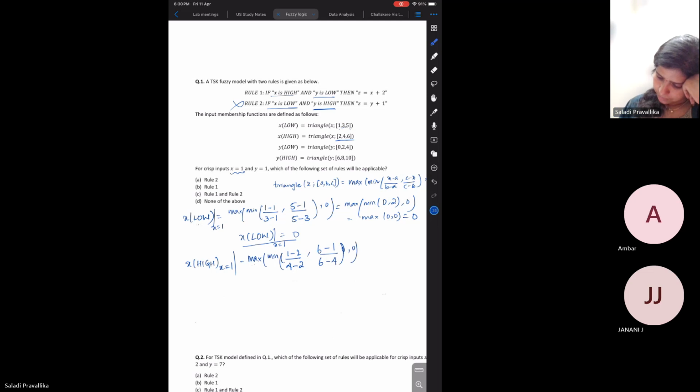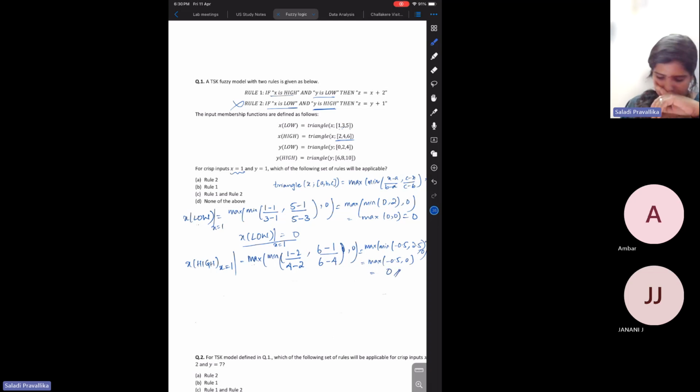Which is equal to max of minimum of minus 1 divided by 2, which is minus 0.5, comma, 5 divided by 2, which is 2.5, right? Comma 0. Which is equal to max of minus 0.5, comma 0, and the maximum of these values is equal to 0.